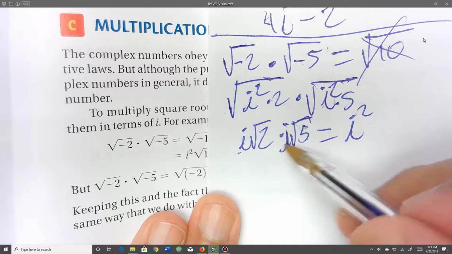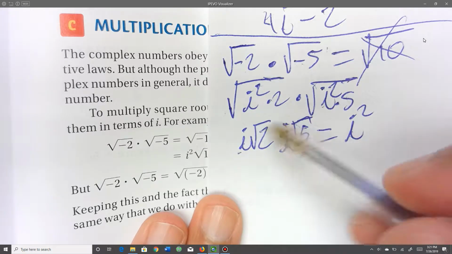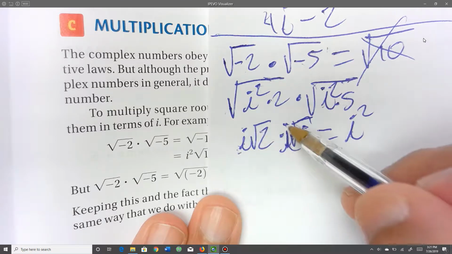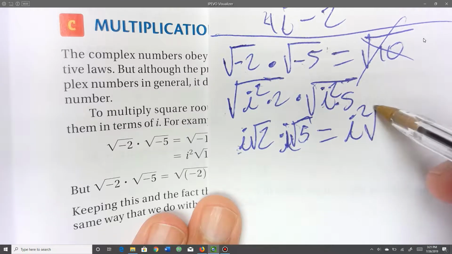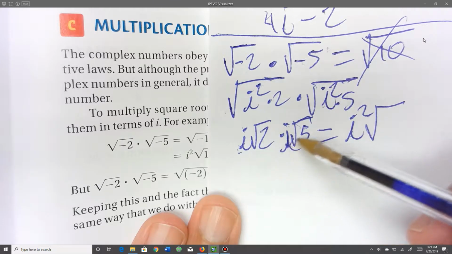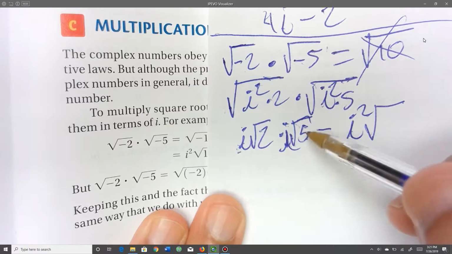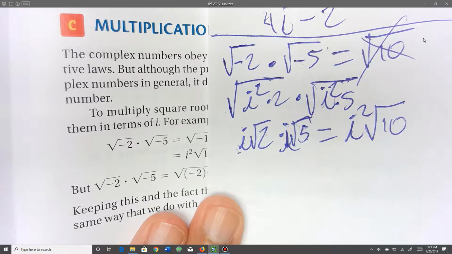Since you have like bases and you multiply, just add the exponents, that's 2. And then for the square roots, square root of 2 times square root of 5, just use that rule, you multiply the radicands, and that's it.